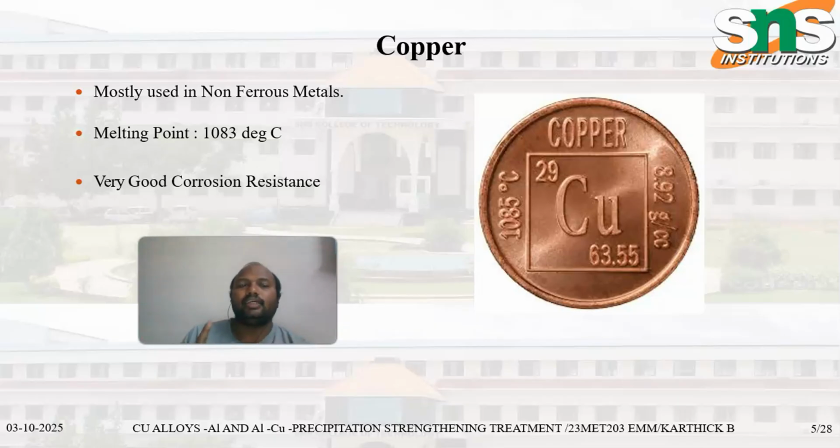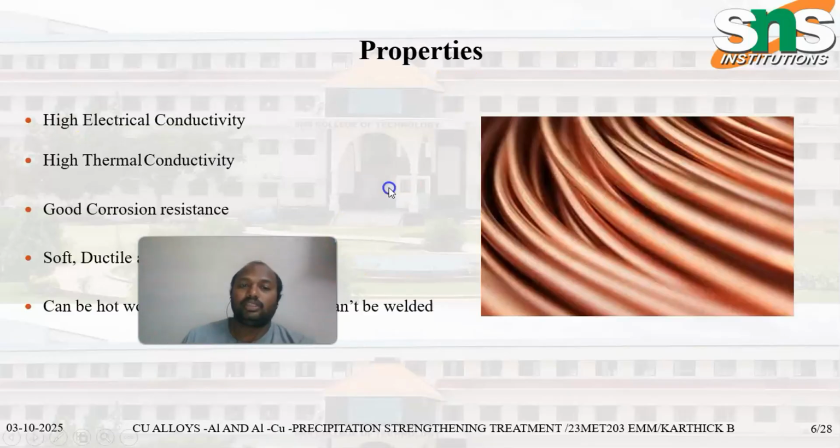Corrosion resistance means that if aluminum and copper are kept in open air, the copper will form a layer around the outer surface, like we are wearing gloves, so that outer atmospheric moisture will not touch the surface, and the corrosion resistance is improved, right?